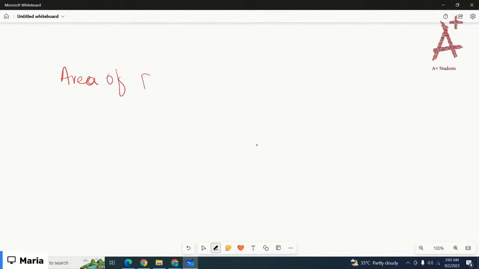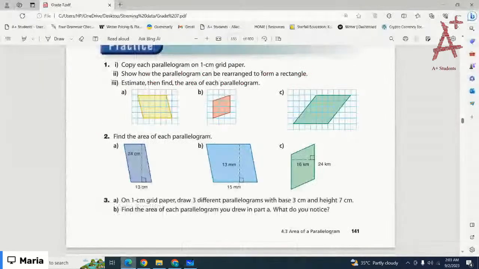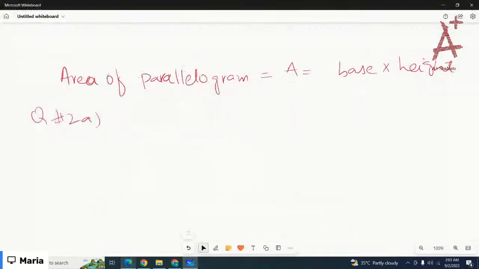Area of a parallelogram is A equals base times height, right? So for question 2A, base is 13 and height is 24.